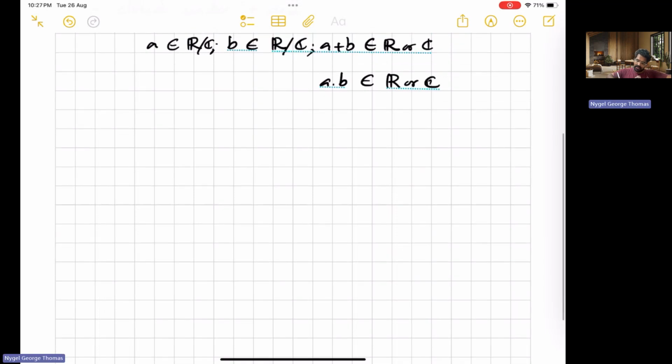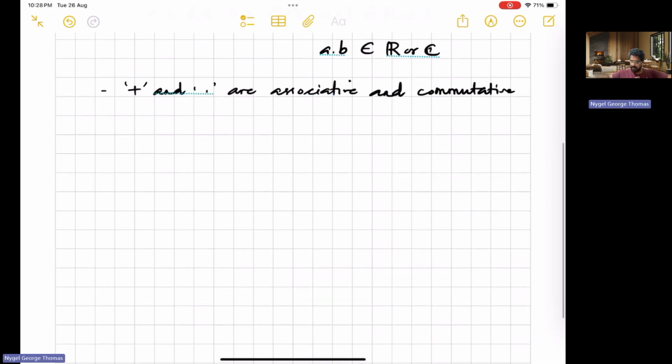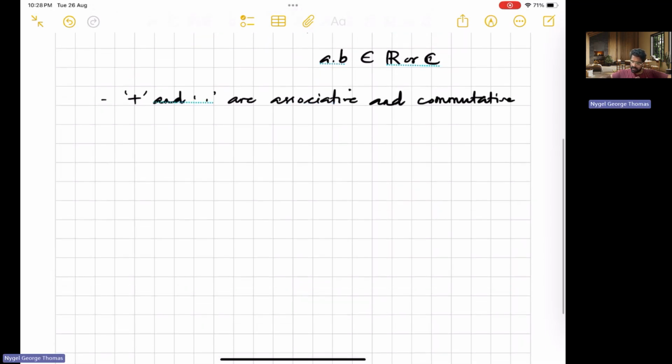The next property is that both addition and multiplication are associative and commutative. How do we formally define associative?